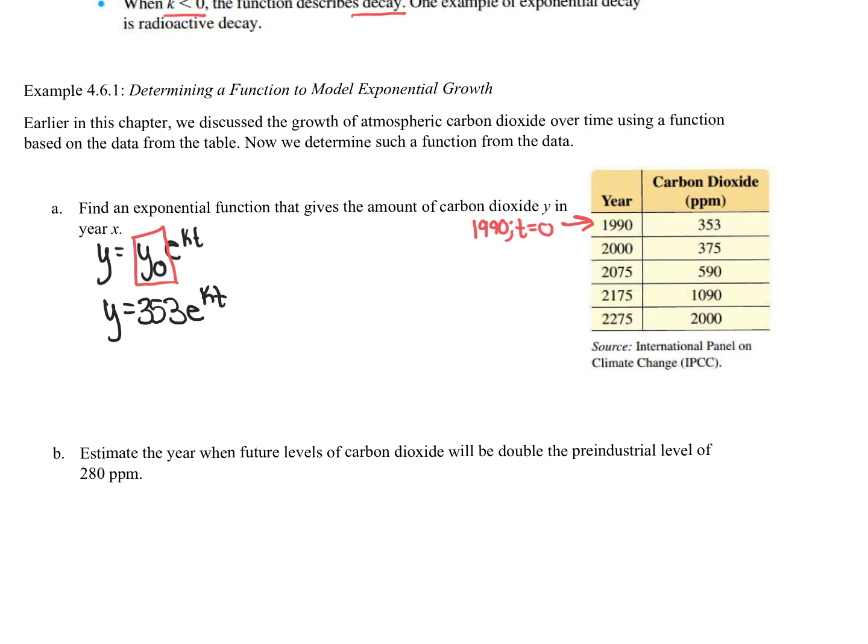That's still too many variables. I have 3 variables and we are used to 2 of them. So I'm going to solve for k by using the last thing in my table. So first of all, if 1990 is t equals 0, then we need to do 2,275 minus 1990 to find out whatever our t value is.